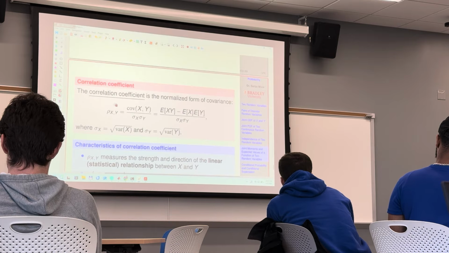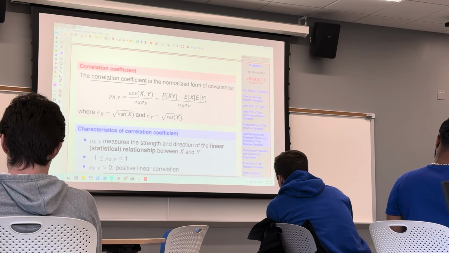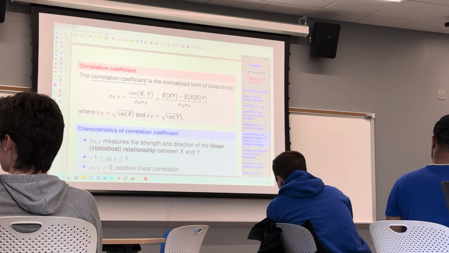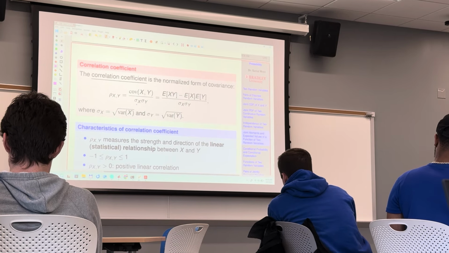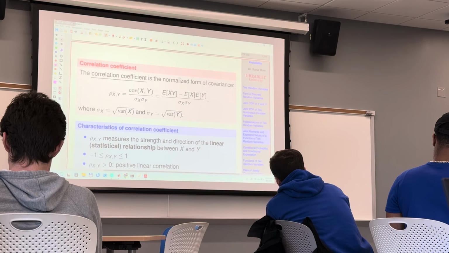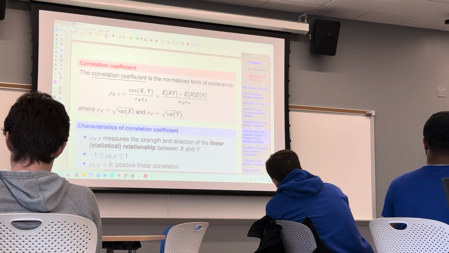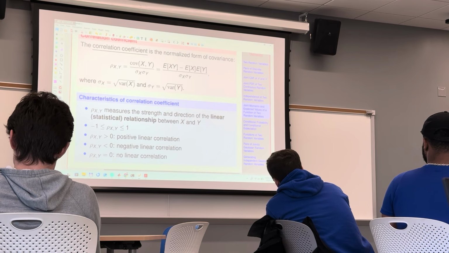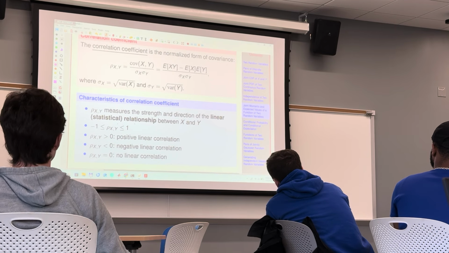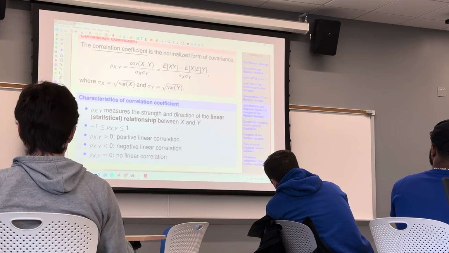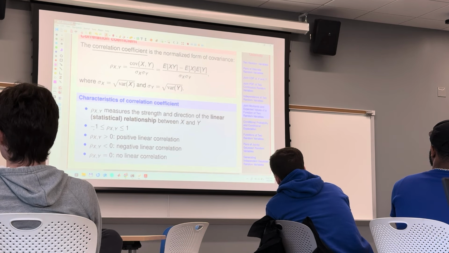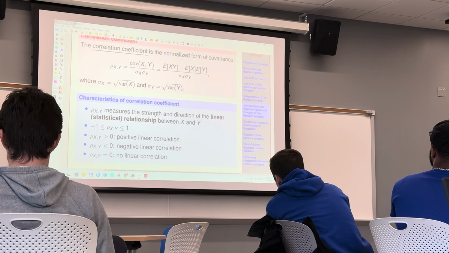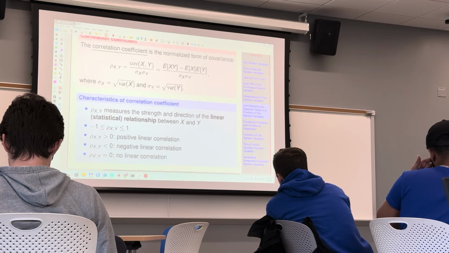Very important. The correlation coefficient formula is the covariance of xy over the multiplication of their standard deviations. In other words, you can write covariance as the correlation minus the multiplication of individual means, over sigma x, sigma y. And this correlation coefficient gives you the linear statistical relationship between x and y, and it varies from -1 to +1.